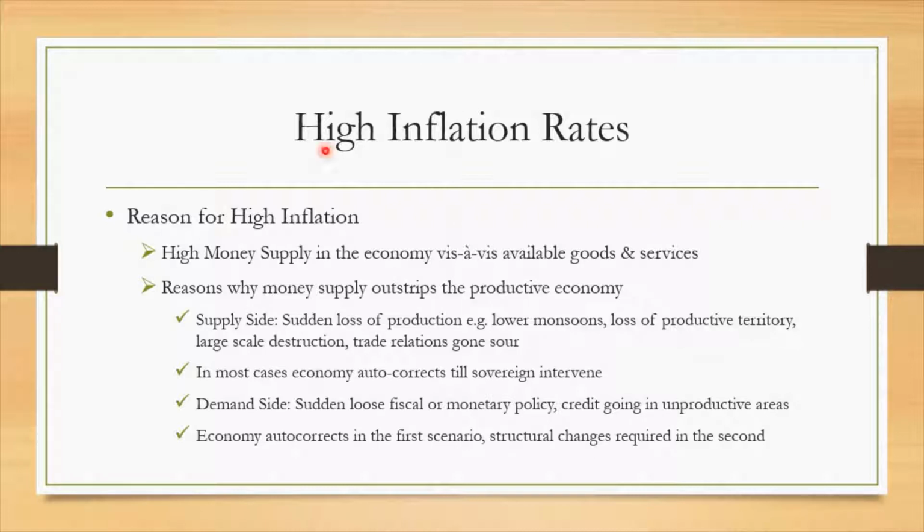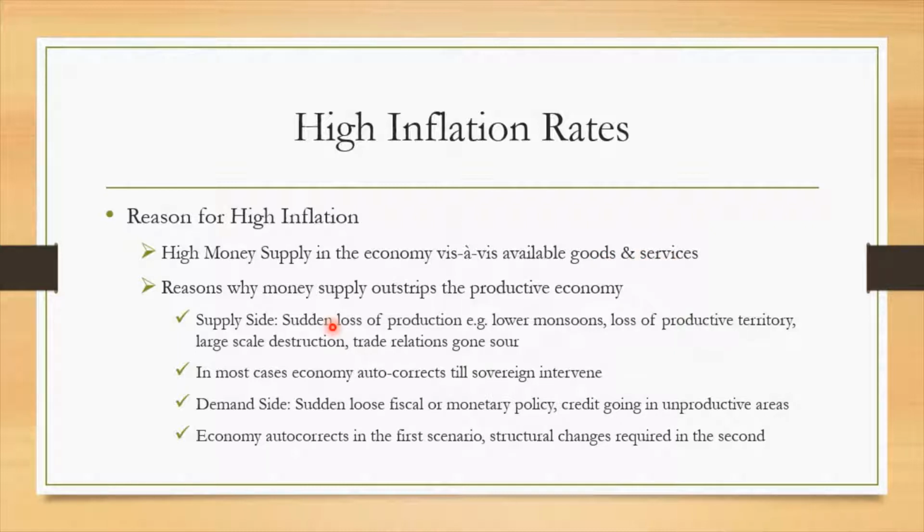The reason for the high inflation rates that we have seen in India over the years is that there has been a lot of money supply in the economy compared to the goods and services available. Why has the money supply constantly outstripped the productive economy? When I say the productive economy, I mean the goods and services produced in the economy.